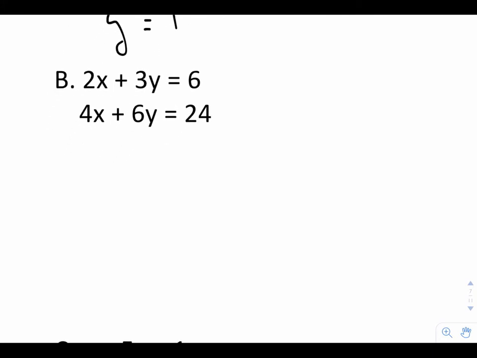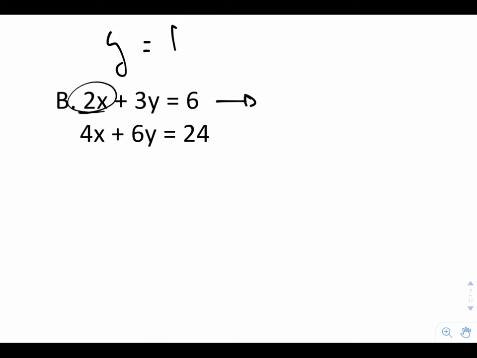Here was the system of equations that had no solution. And let's see what happens algebraically when we try to solve it. So I'm going to solve by elimination, by making the first equation have a coefficient of 4 in front of the x, because I want it to match up with this 4x here. So I multiply that first equation by 2, everything.